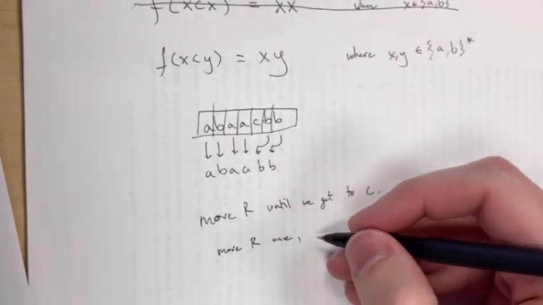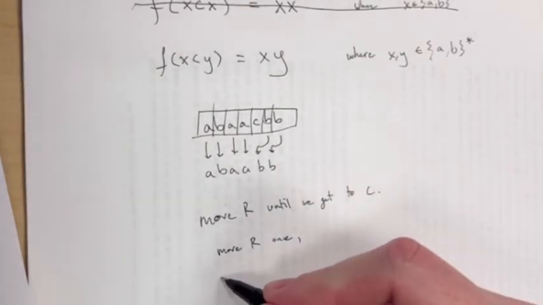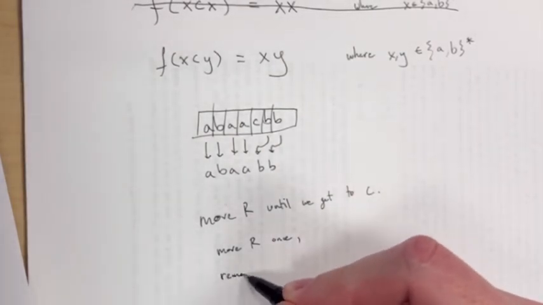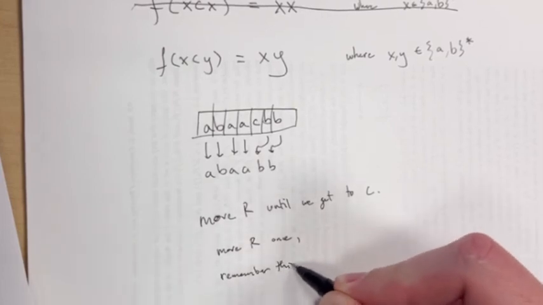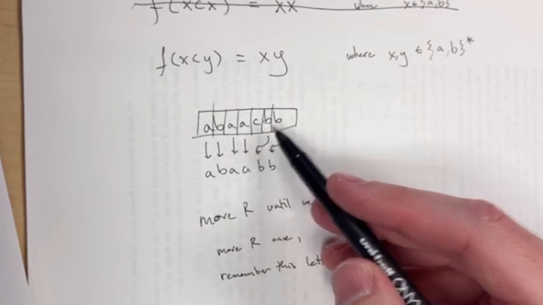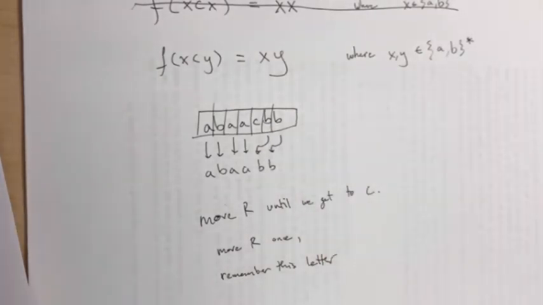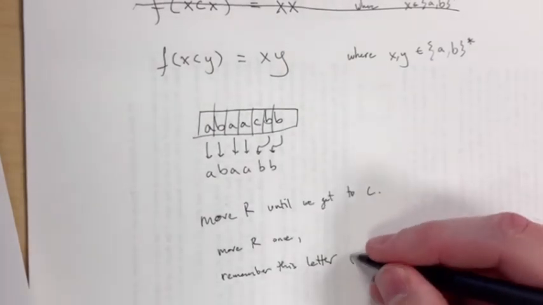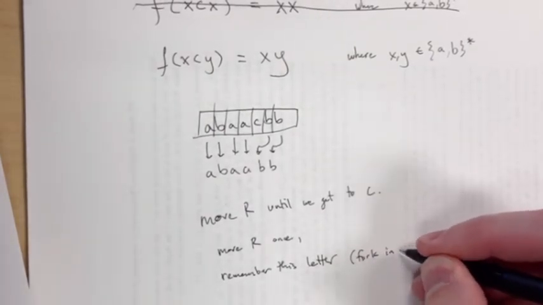I'm going to say move to the right by once, and then remember this letter, whatever you're pointing at, be it A or B in this position. By remember, I mean you should fork into two separate tracks, because this is the only way that the Turing machine has of remembering anything. Fork into two tracks.